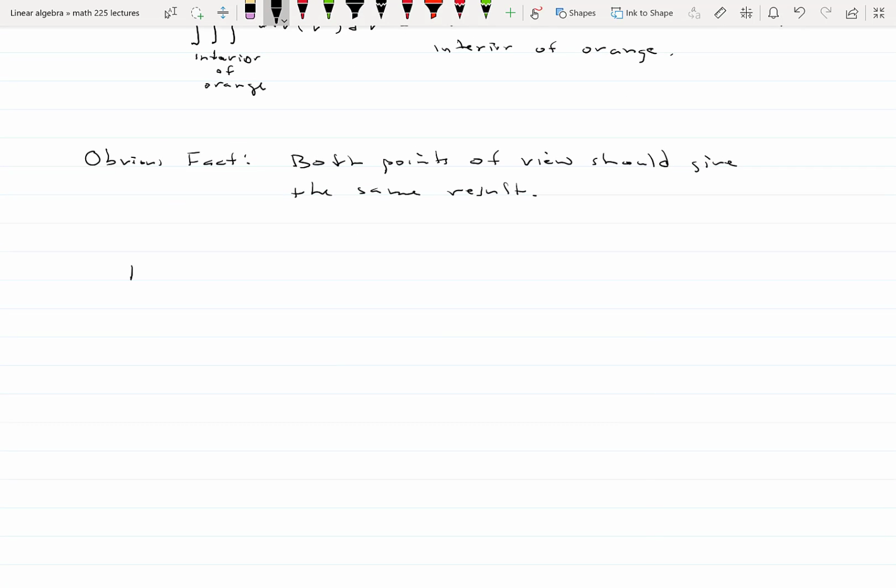That is, the triple integral of the divergence of V dV over the interior, let's say E is the interior, should equal the surface integral, the flux of V dot N dS over the surface.